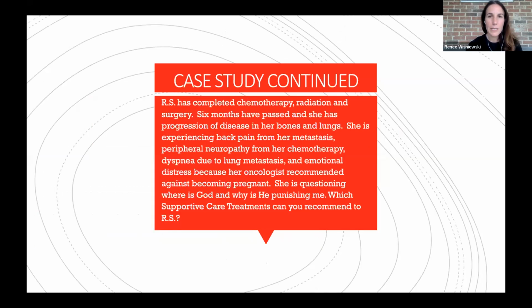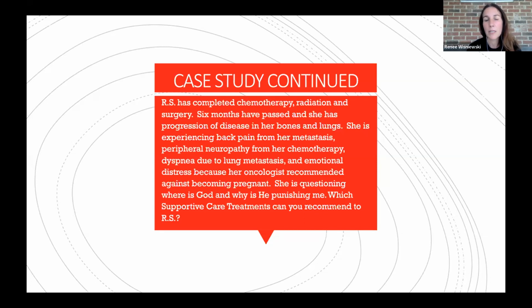So just revisiting our case study, RS completed her chemotherapy, radiation, and surgery. Six months have passed, and unfortunately, her scan showed she has progression of disease in her bones and lungs. She's experiencing back pain from her metastasis, peripheral neuropathy from her chemotherapy, dyspnea due to lung metastasis, and emotional distress because her oncologist recommended against becoming pregnant.